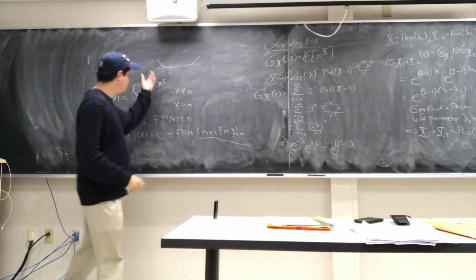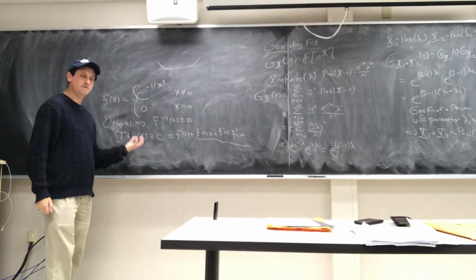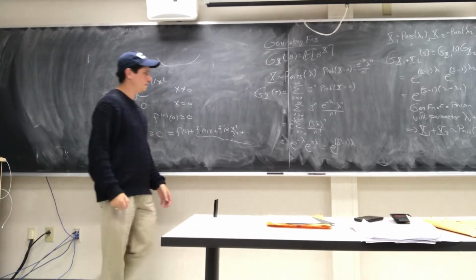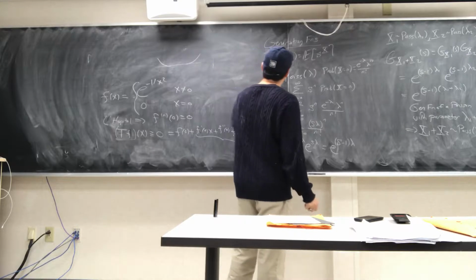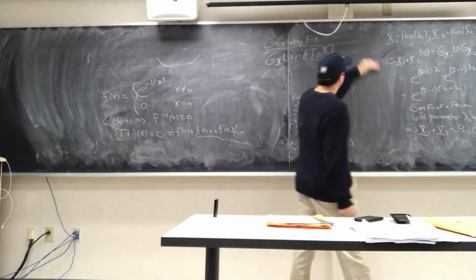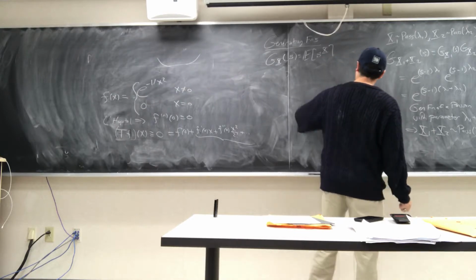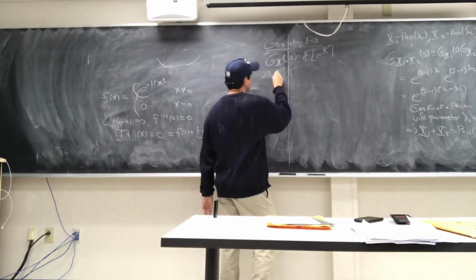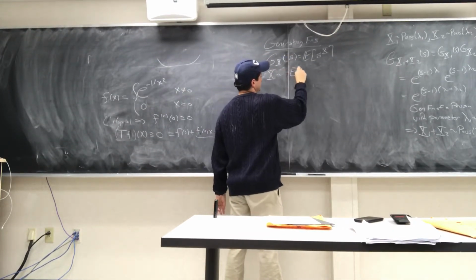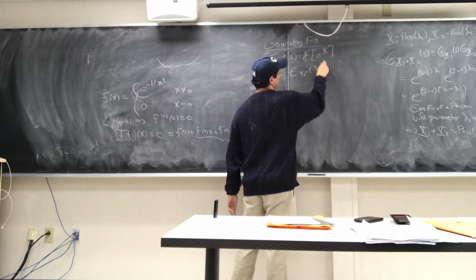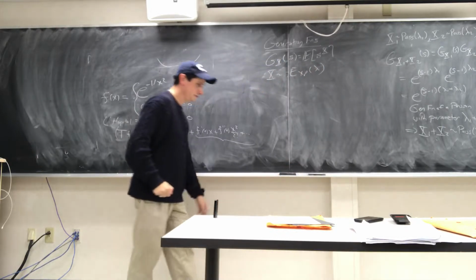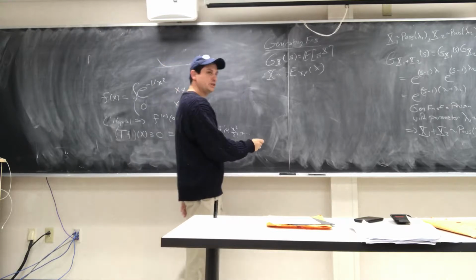But because functions like this exist, we have to be very careful in the continuous setting. So, continuing with our generating functions, let's now do an exponential. So let's say x is exponential with parameter lambda. All right. So let's calculate the generating function.